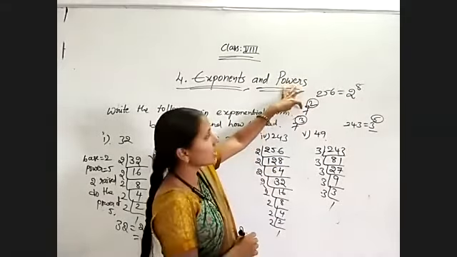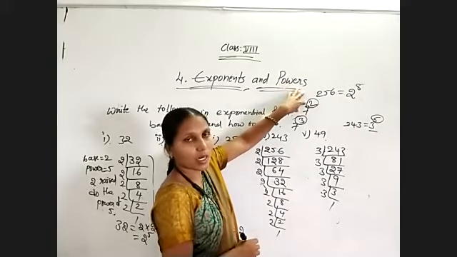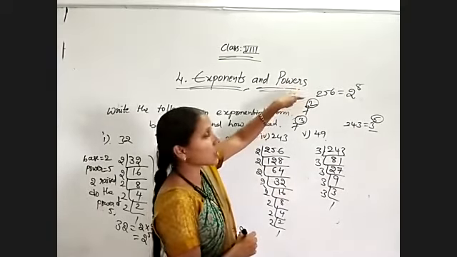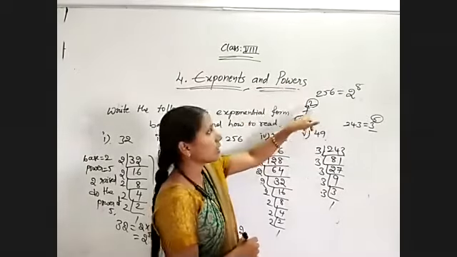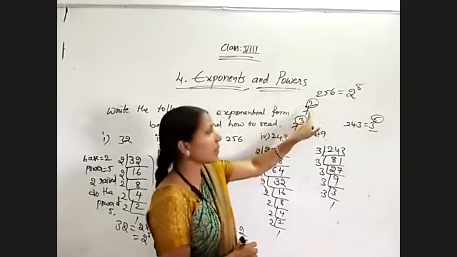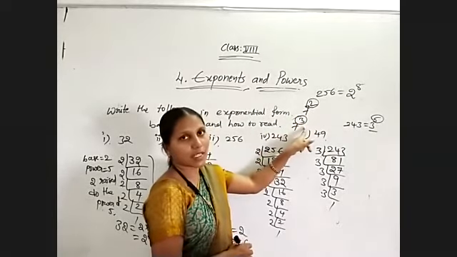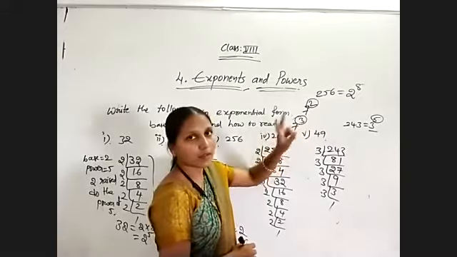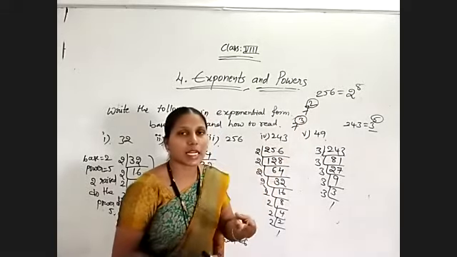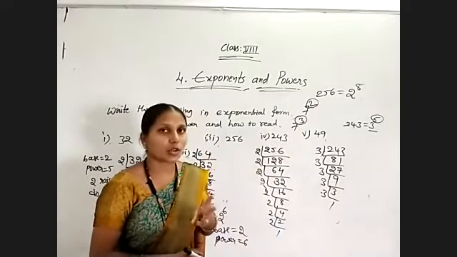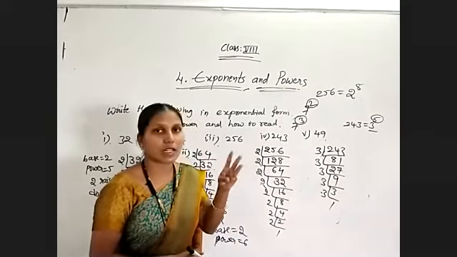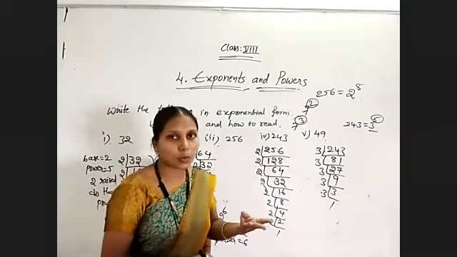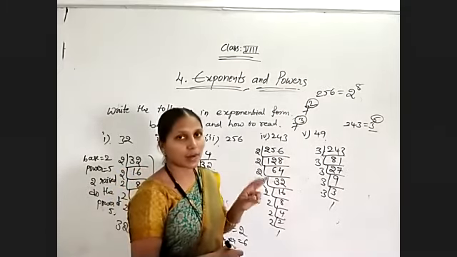We can read it as 7 raised to the power of 2, but simply as 7 square. When 2 is the power we read it as 7 square, and when 3 is the power we read it as 7 cube. They have separate names.